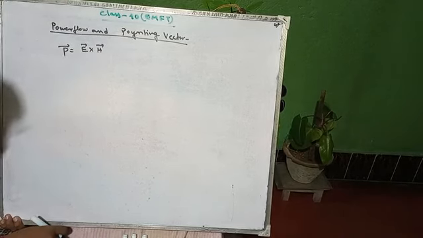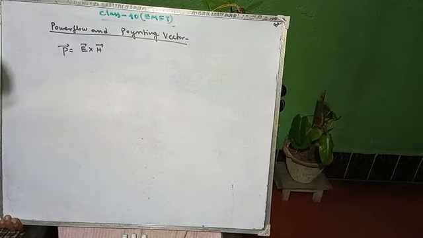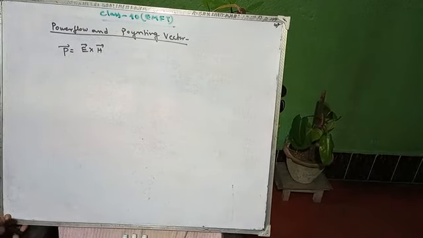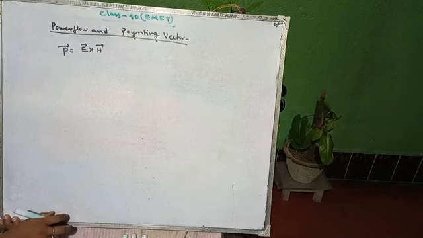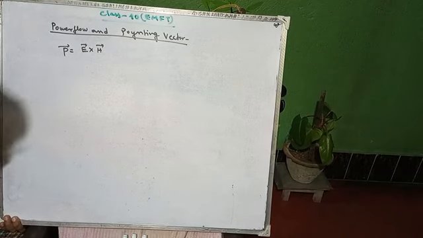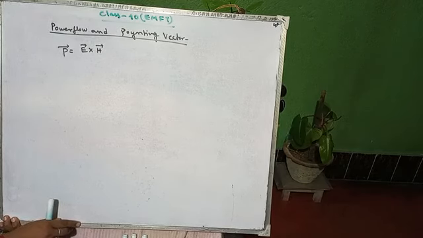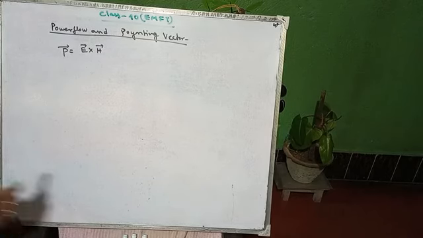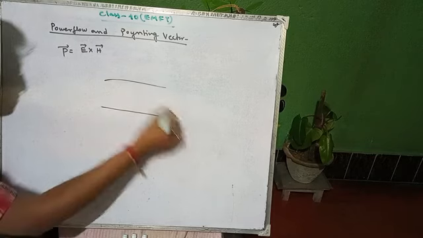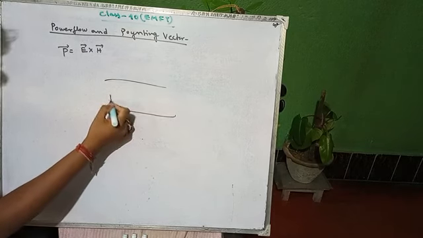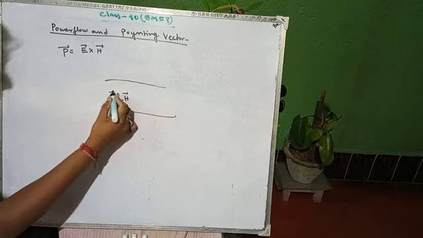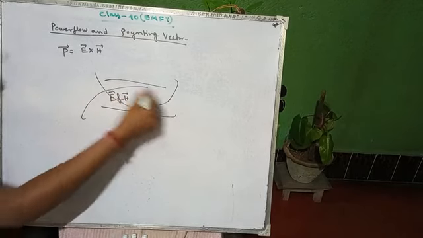Next, write: the vector product E cross H, E vector cross H vector, at any point is a measure of the rate of average energy flow per unit area at that point. Suppose this is a system where E and H are both acting.